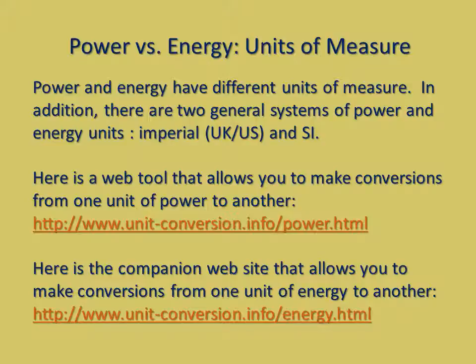It's almost the equivalent of the metric system versus the imperial system that we use, inches, feet, etc. So the SI is kind of the international standard for units of energy and power, and the fundamental unit of power in the SI system is the watt. And that is equivalent to 1 joule per second.